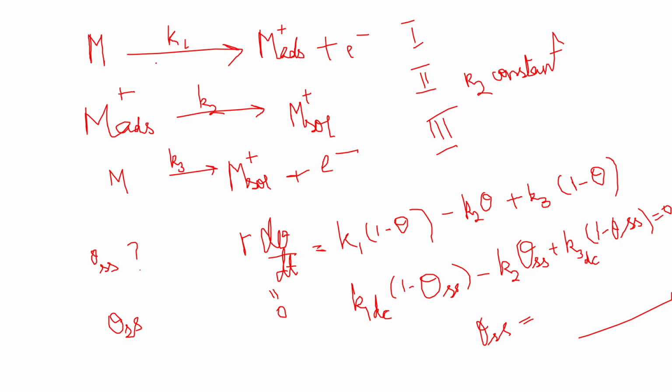Theta SS will be K1 DC plus K3 divided by K1 DC plus K2 plus K3. Yes, correct. So now the next thing: how will we find out IFDC? It will be F into rate. Which equations will be involved?